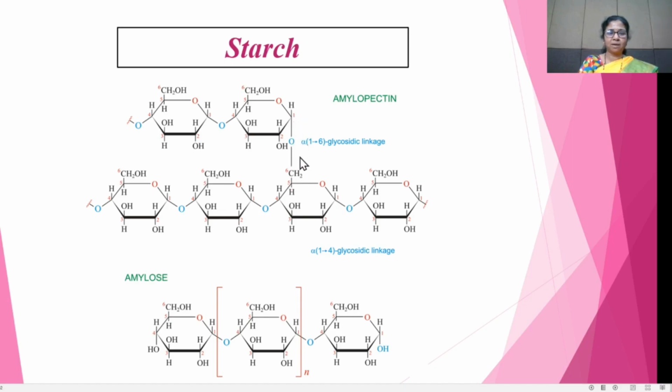Branching takes place between these two polymers by the alpha 1,6 glycosidic linkage.